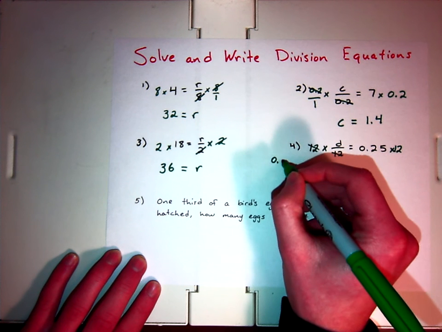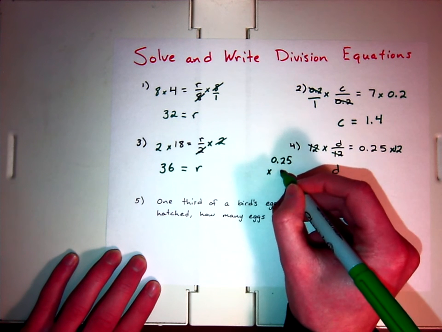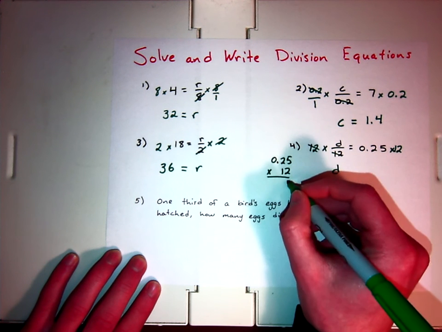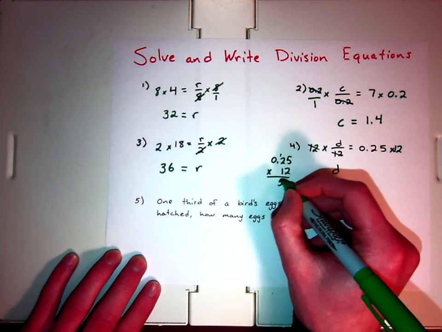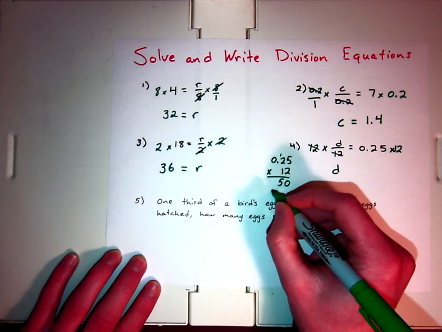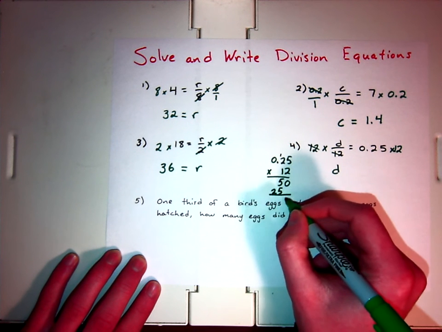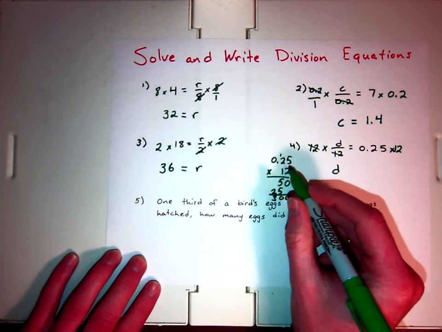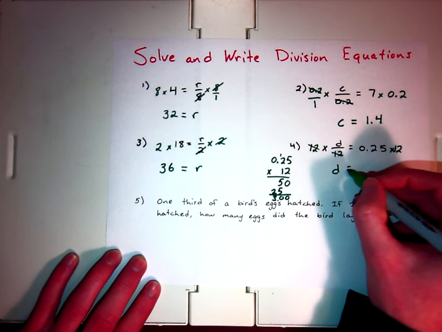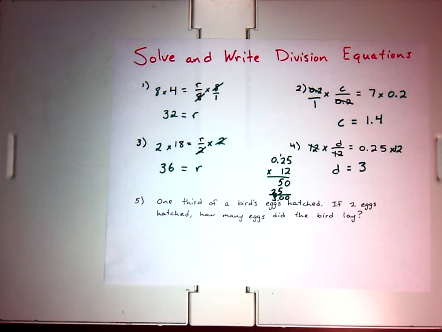So you can do 0.25 multiplied by 12, and since we have 2 decimal places, it would just get us D equals 3. Always remember, if you need to do work on the side, feel free to do that.